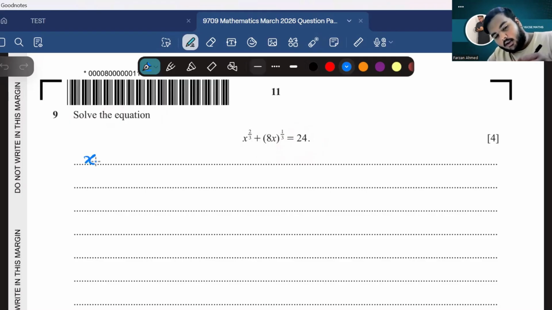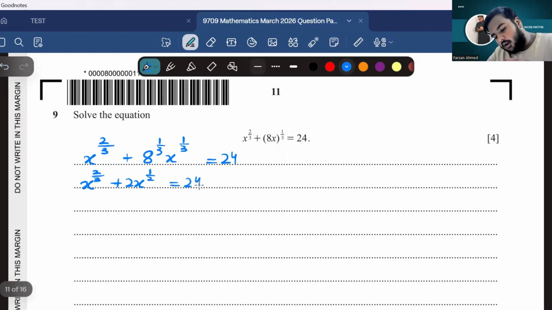So it will be x raised to power 2 upon 3 plus 8x raised to power 1 upon 3 is equal to 24. Okay. Now x raised to power 2 upon 3 plus 2x raised to power 1 upon 3 is equal to 24.